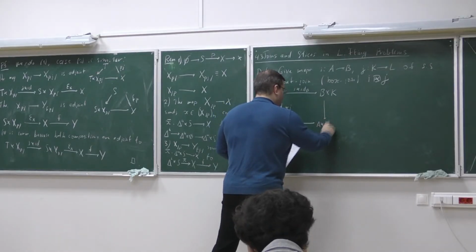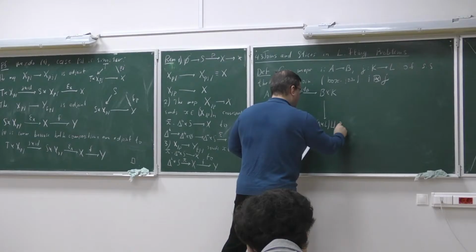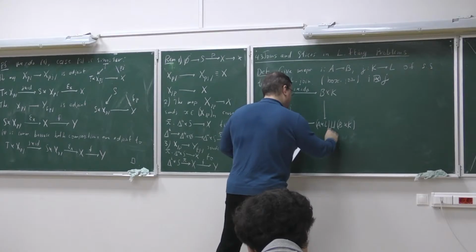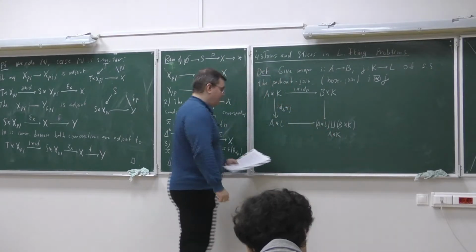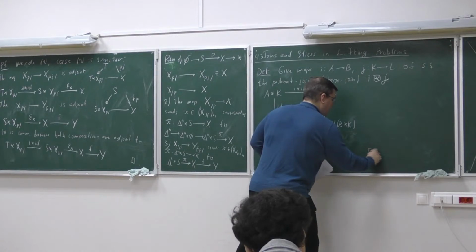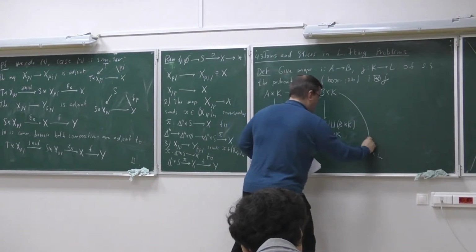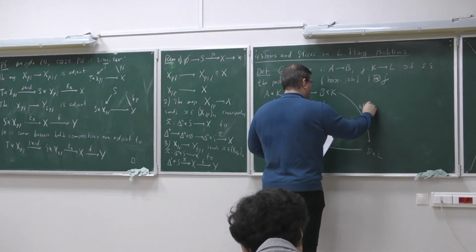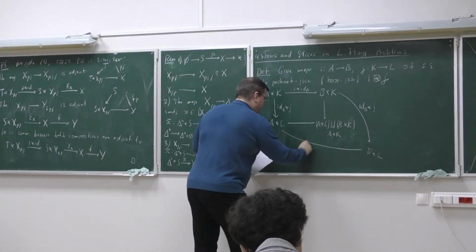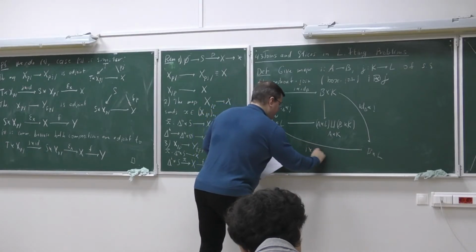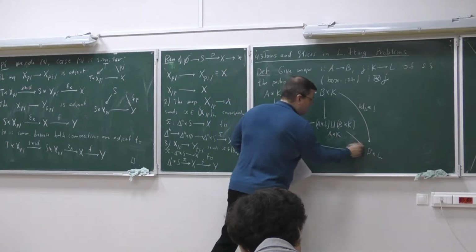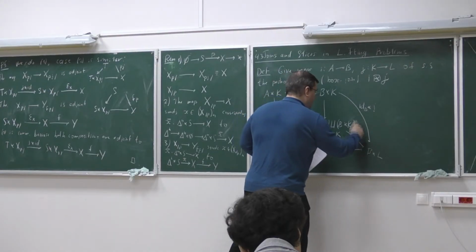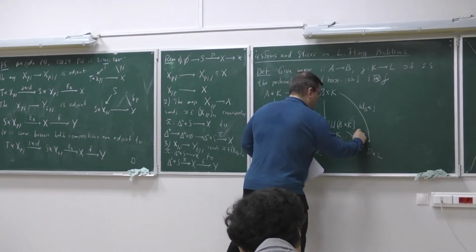So A join with L, push out with B join with K, and this is everything augmented under A join with K. And then there is B join with L, and there are two maps like this. This one is just the identity on the B join with J, and this is I join with the identity on L. So this unique map that is induced from the push out to the join of B and L is called exactly the box join or push out join.